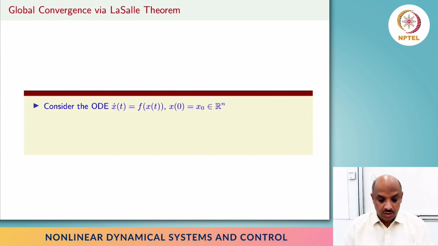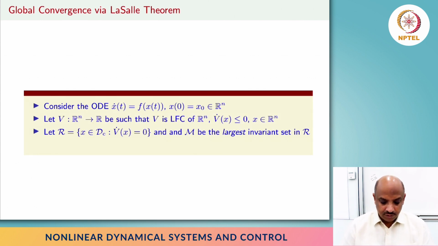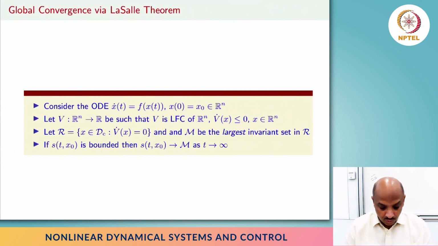So how do we show global convergence? Well, it's relatively straightforward. We want all these nice things to be true globally. The general result is that you have this set M, which is part of this R, and we get global convergence, right? But it doesn't show anything about asymptotic stability.